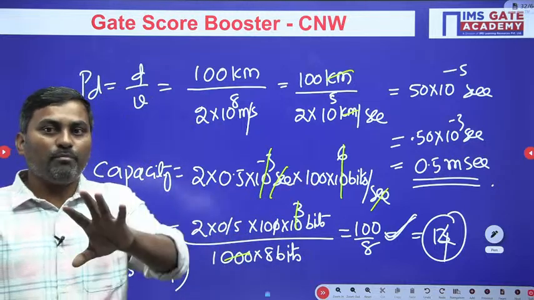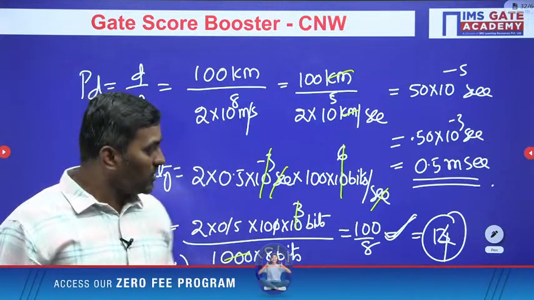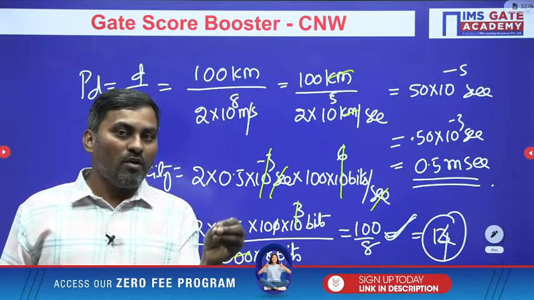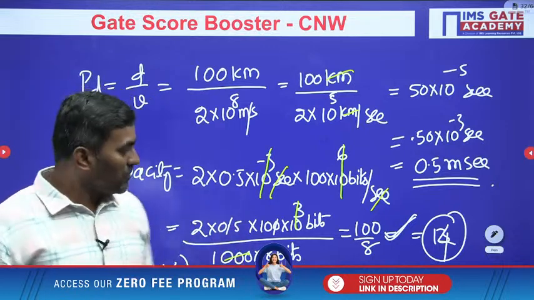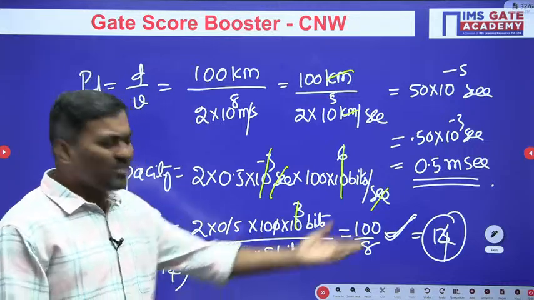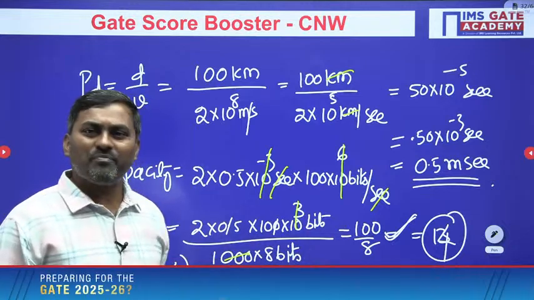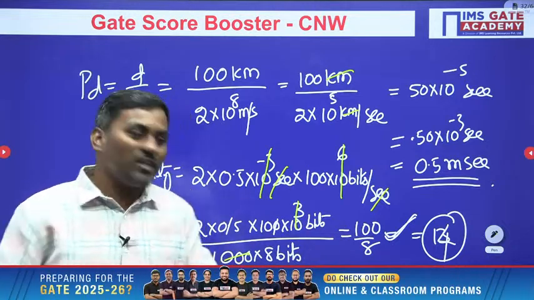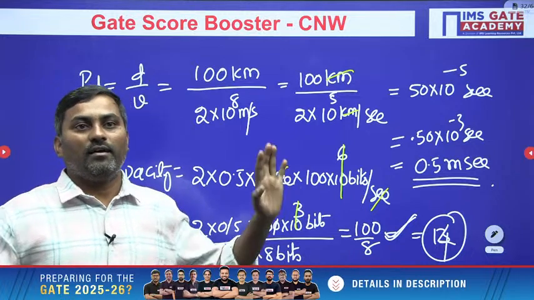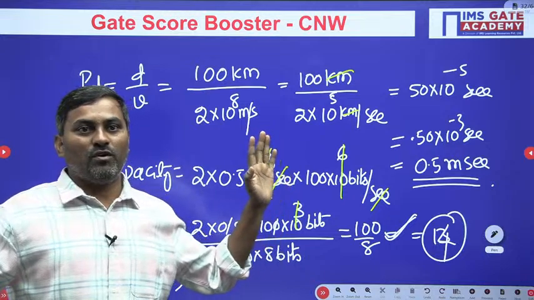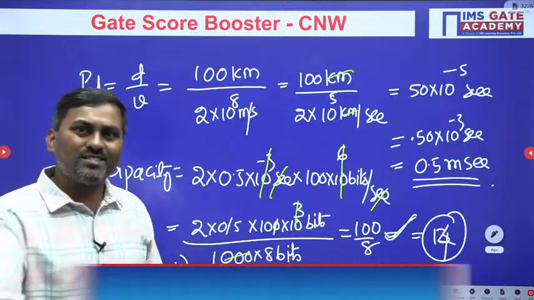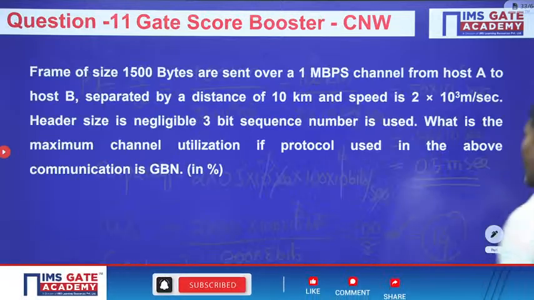Now, instead of asking the sender window, we can ask the number of bits required for the GBN sequence number field. So 14 plus 1 is 15, or 13 plus 1 is 14, same way, 4 bits are sufficient. If it is 13 or 14, 4 bits are sufficient, correct all of you? 4 bits are sufficient to answer. So for the sequence number field, yes, that is right, 100% right.